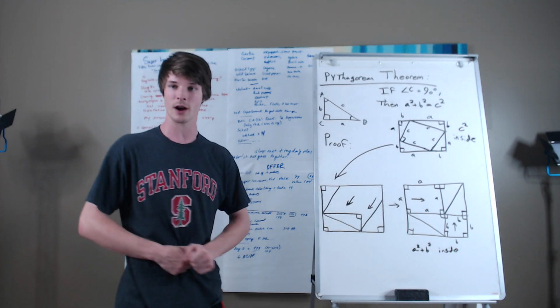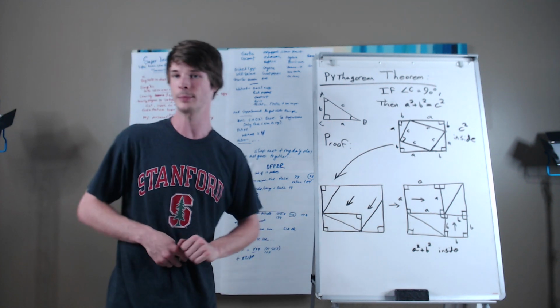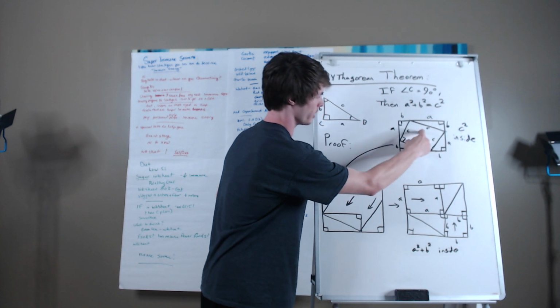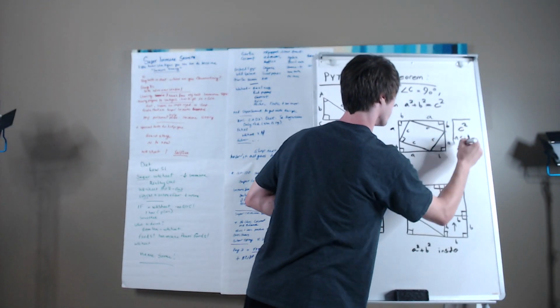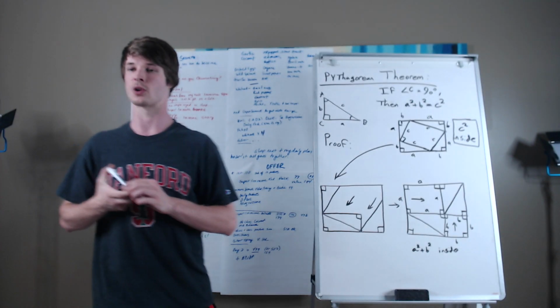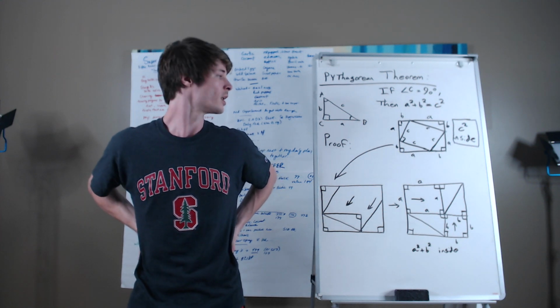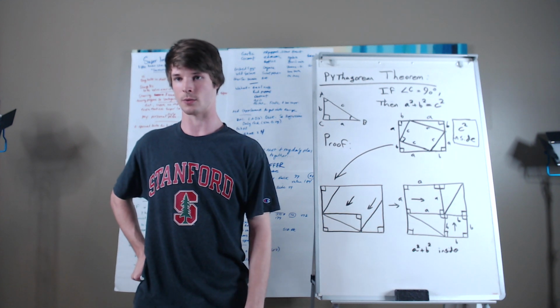This is a square of side length c inside of my square of side length a plus b, which tells me this area in here is exactly c squared, which I've written to the side here. So I've got this square that I've made out of the 4 copies of the triangle that we started with, and we know that the square inside is exactly c squared.